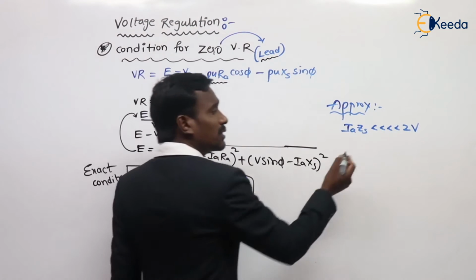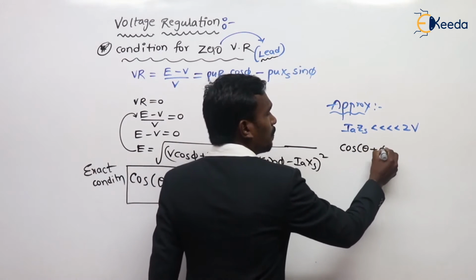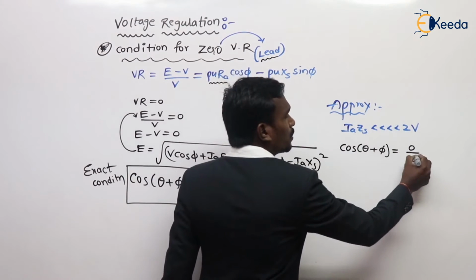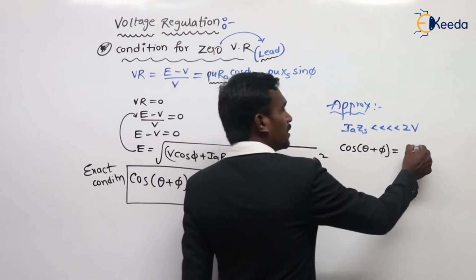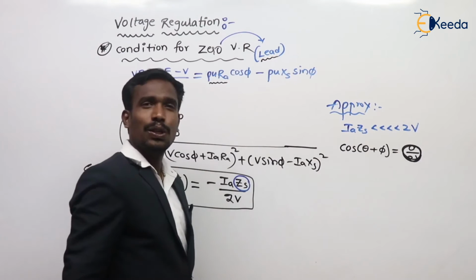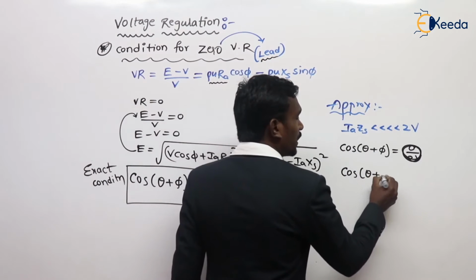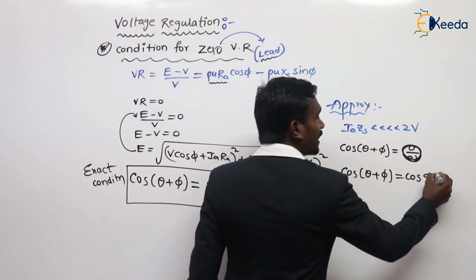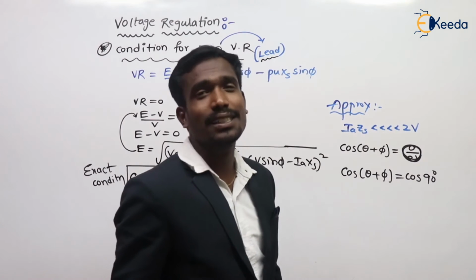If this is done, then the equation becomes cos of theta plus phi is equal to 0 upon 2V, because IAZS is negligible. So finally this total value is 0. So what is the approximate condition? Cos of theta plus phi is equal to cos 90 degrees. Yes or no? 0 is nothing but 90 degrees.